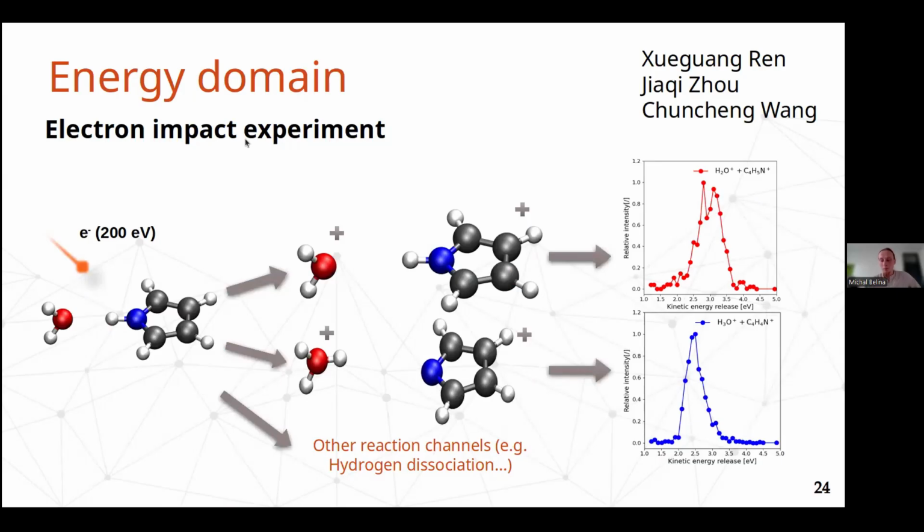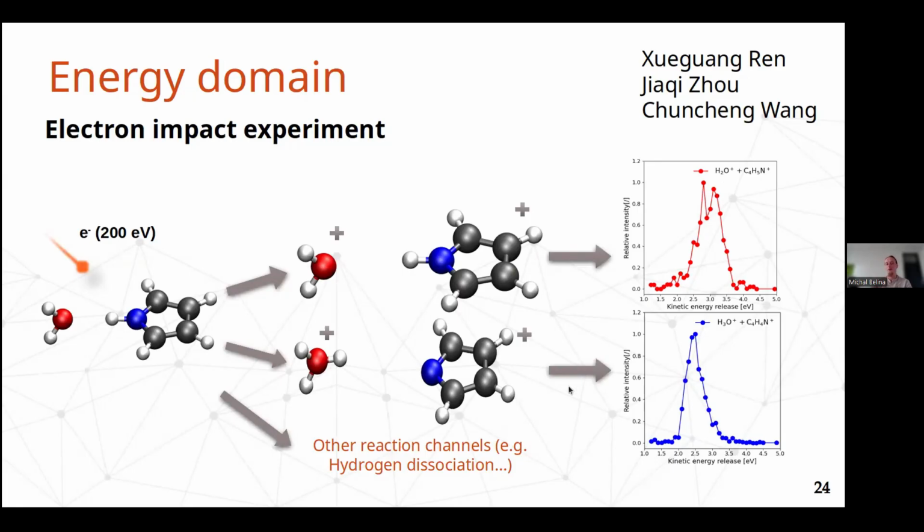So here we combined two experiments. Again, we were looking at the dynamics of proton transfer, and after the collision of the electron beam with this water pyro cluster, two channels were observed, one without the proton transfer and another with the proton transfer.